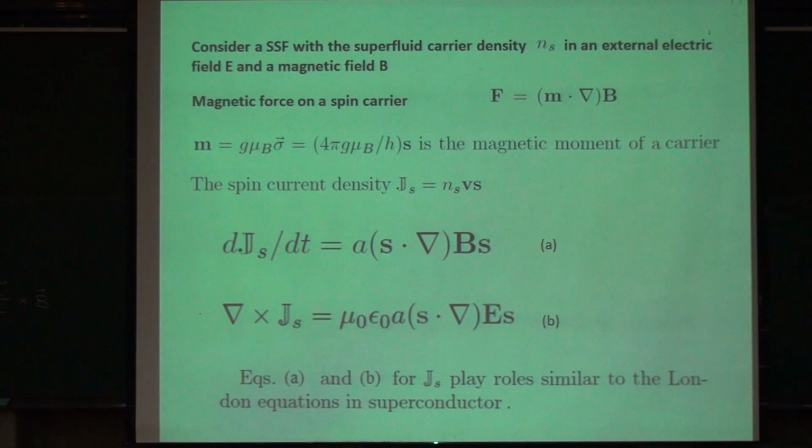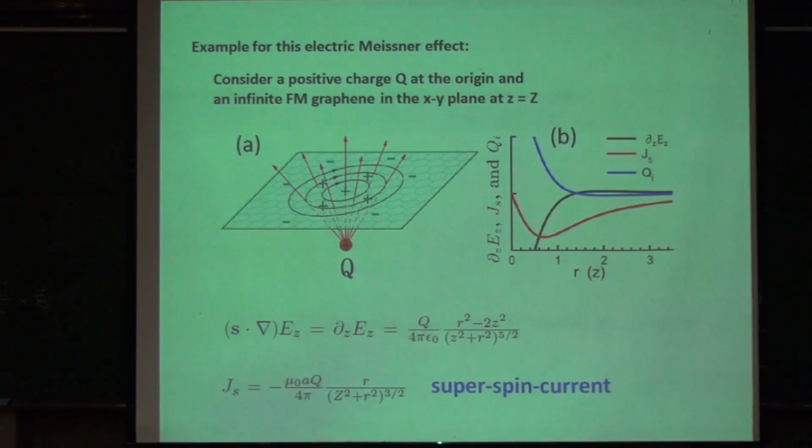Then remember, once you have a spin current, the spin current will also create its own electric field. I mentioned at the beginning of my talk that the spin current is the source for the electric field. It will create its own electric field, and it turns out these two electric fields will cancel out.